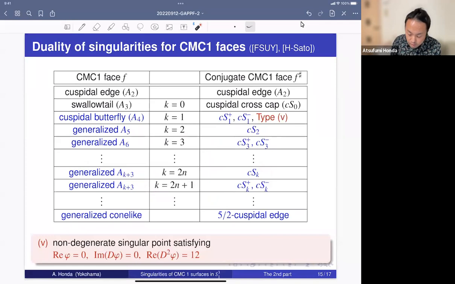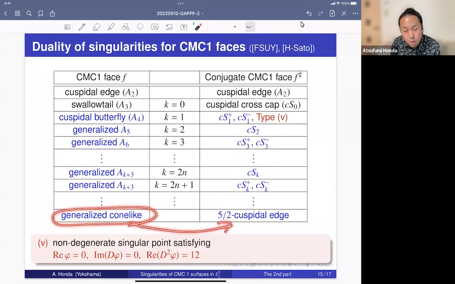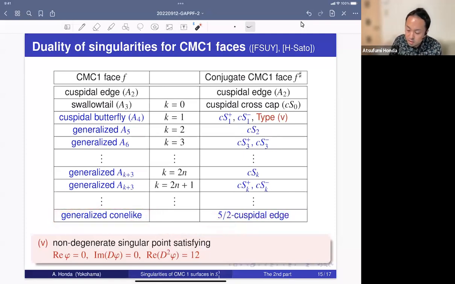And finally, the conjugate of generalized conelike singularities. In the case of maxfaces, this is a fold, but CMC-1 faces do not admit fold singularities. So this is also a phenomenon only for CMC-1 faces in de Sitter 3-space.